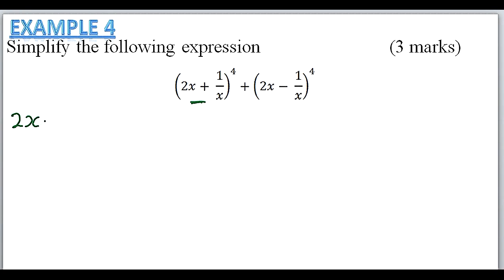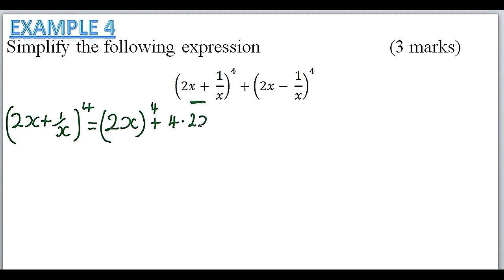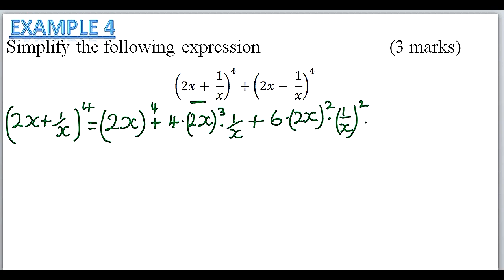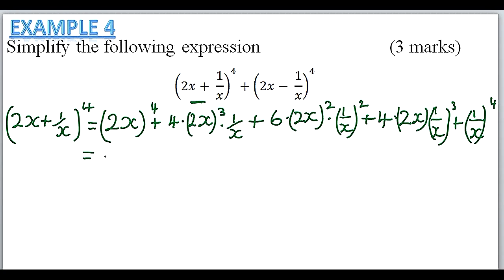I'll say (2x plus 1 over x) raised to power 4 is equal to 2x raised to power 4 plus 2x raised to power 3 multiplied by 1 over x, plus 6 (2x) into bracket squared, then we have (1 over x) squared, then plus 4 multiplied by 2x, then we multiply by (1 over x) into bracket to power 3, then we add (1 over x) into bracket to power 4.